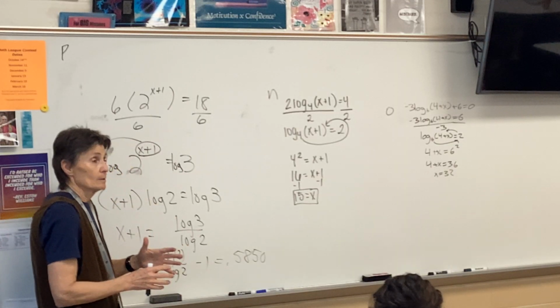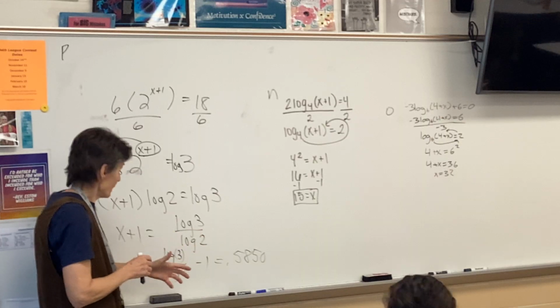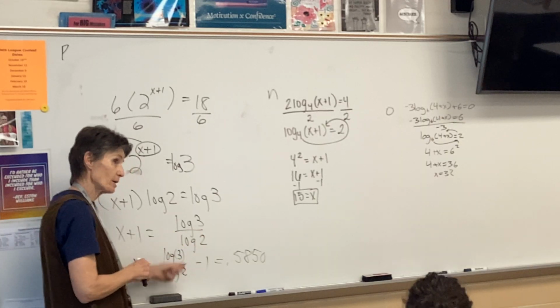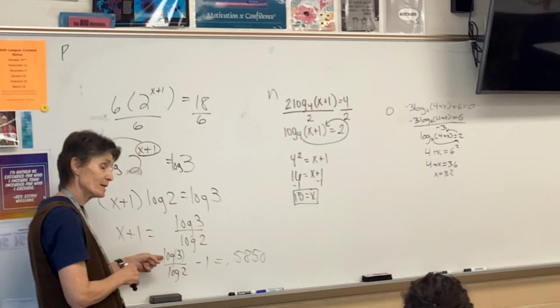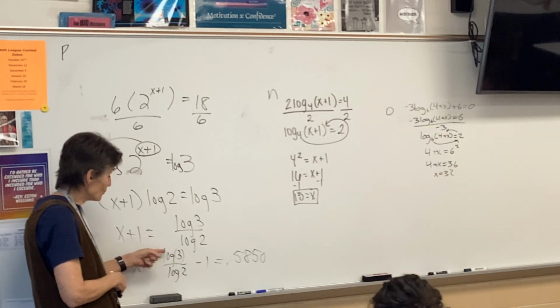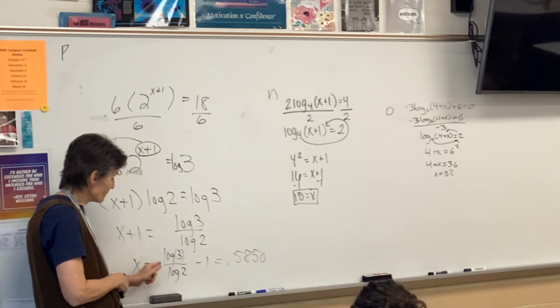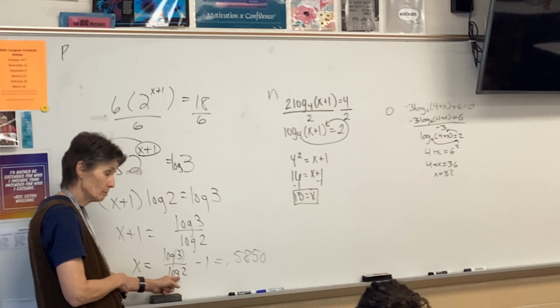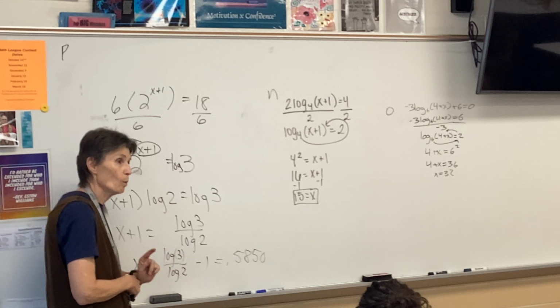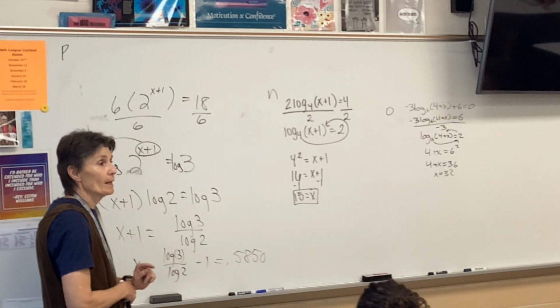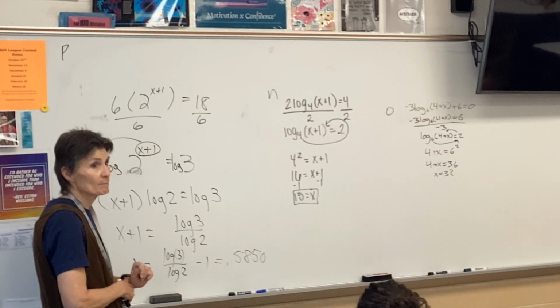Now, before we go to the next problem, I want you to retype this into your calculator, but instead of using log, use ln. Do ln 3 divided by ln 2, and then subtract 1. And what happens? It's the same thing.